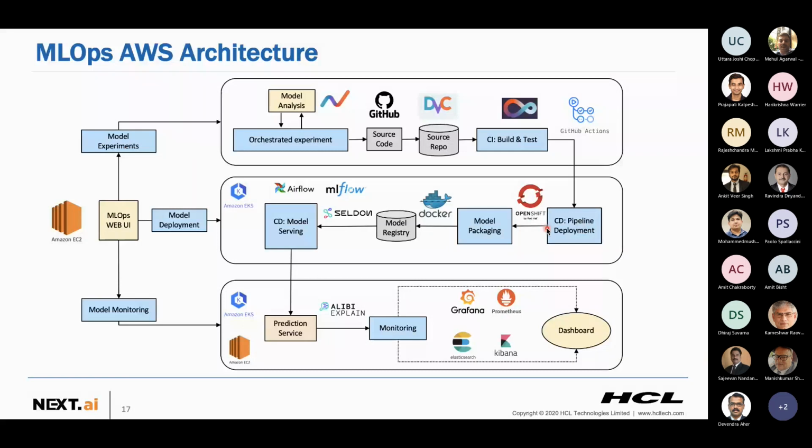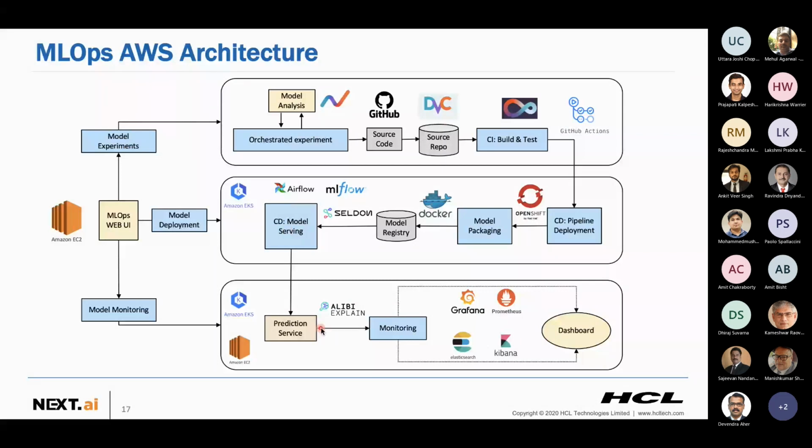We are using OpenShift to prepare the Docker images. Once the Docker images are prepared, they are stored in a Docker registry, which is a centralized repository to store all the Docker images. Later, these Docker images are picked up by Seldon and deployed on the Kubernetes engine, that is Amazon's EKS service, Elastic Kubernetes Service.